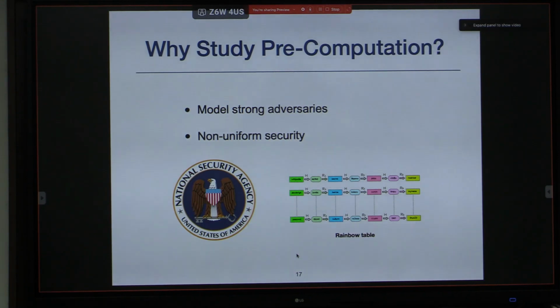For a very long time there have been attacks on hash functions, but studying the lower bounds or the upper bounds of the security is fairly recent.